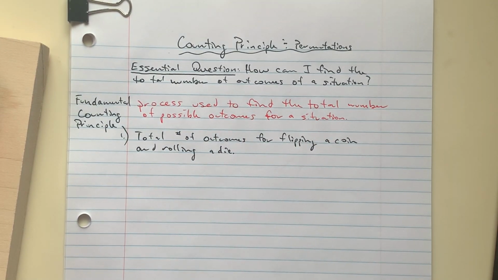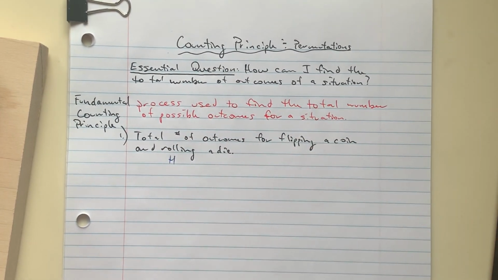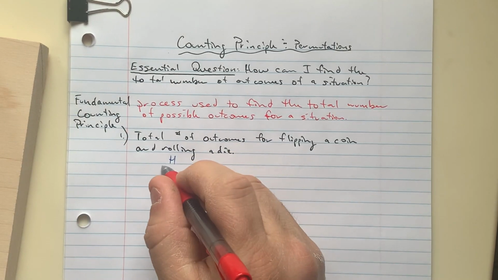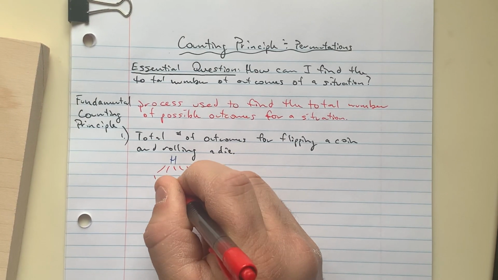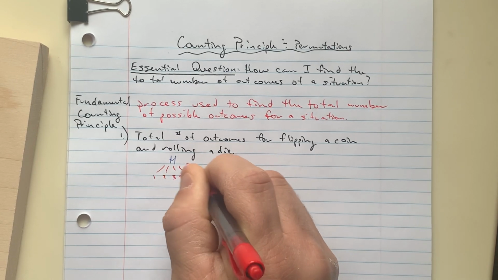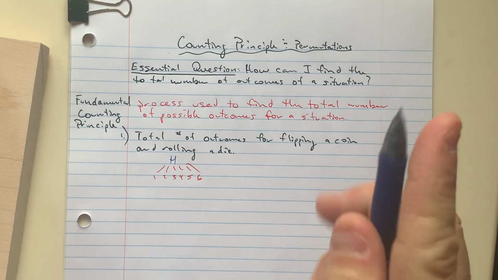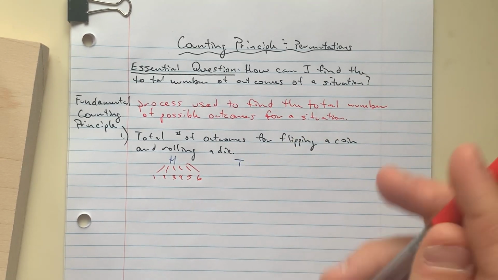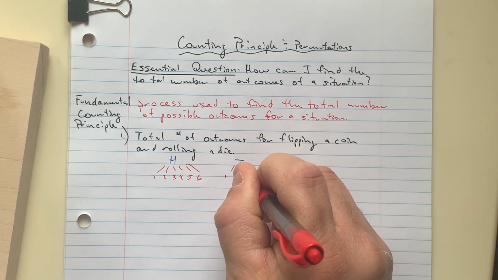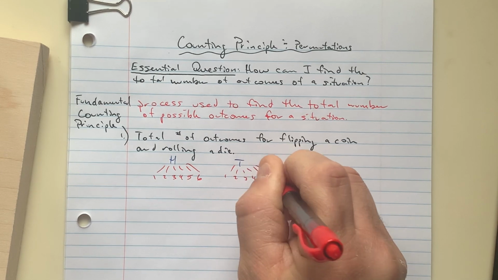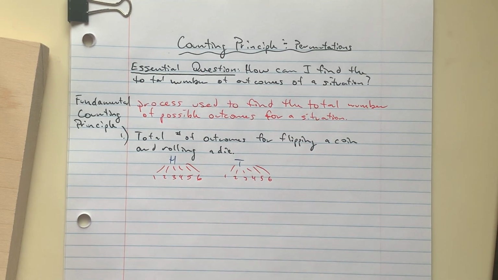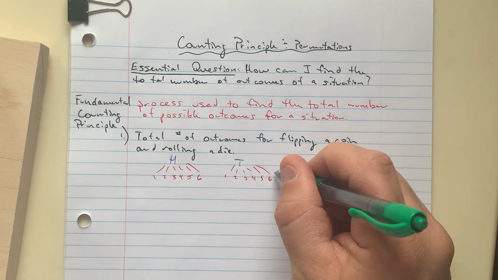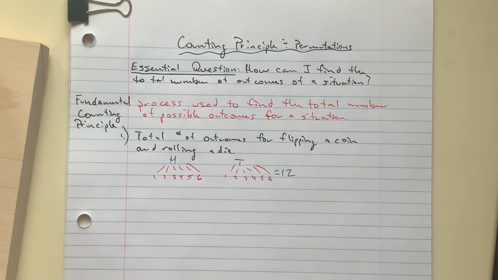We talked about in our last lesson that when we flip that coin, we could get heads, and then when we roll the die after that, we get 1, 2, 3, 4, 5, or 6, and if I got tails, same type of thing, 1, 2, 3, 4, 5, and 6. So as I count that up, I can get 12 total outcomes.